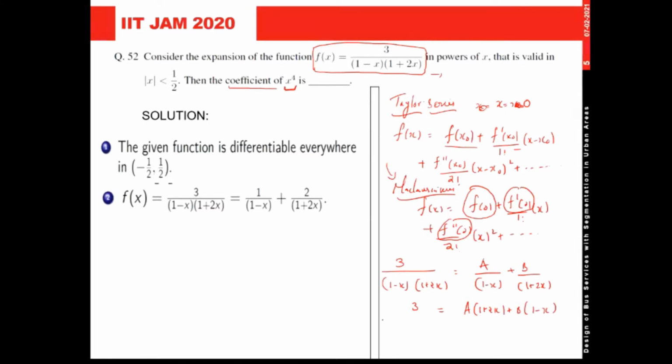If you put x equal to 1, you get a equal to 1. Similarly, if you put x equal to minus 1 by 2, you get b equal to 2. So this is the method of partial fractions. You know how to do this.